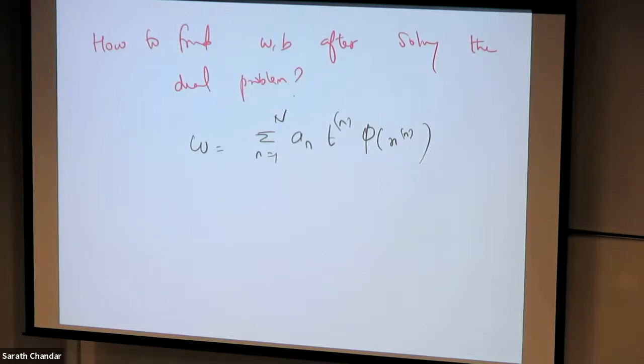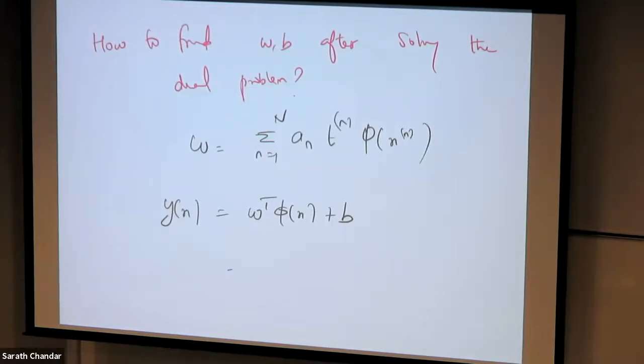Now, my prediction y of x is given by W transpose phi of x plus bias. This is what my model is. Now I can just substitute this W value here.